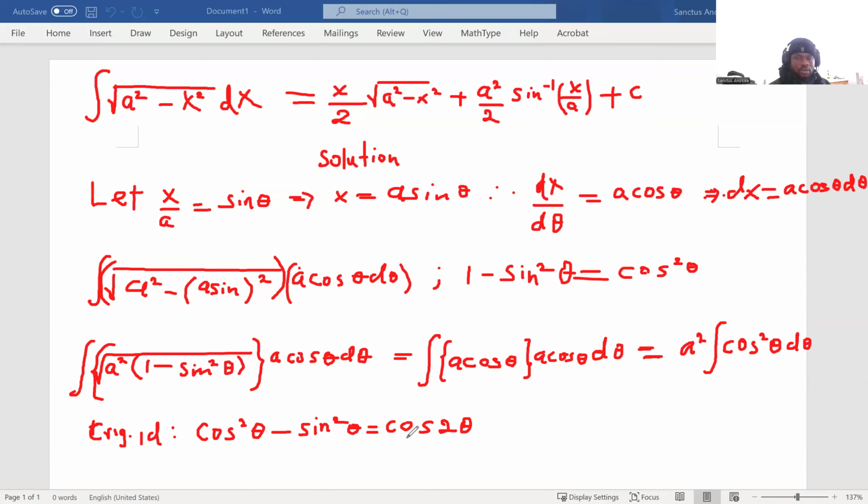All right, so now I'm going to come back here and swap the positions of this. So this can as well be 1 minus cos squared theta equal to sine squared theta.